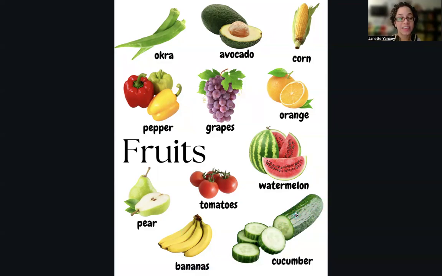Where can I find corn? Where can I find okra? Where can I find avocado?